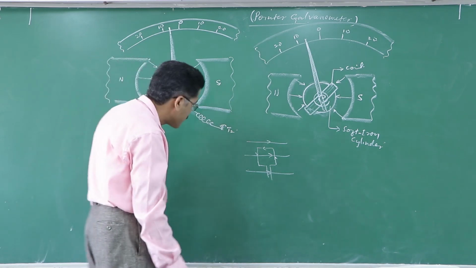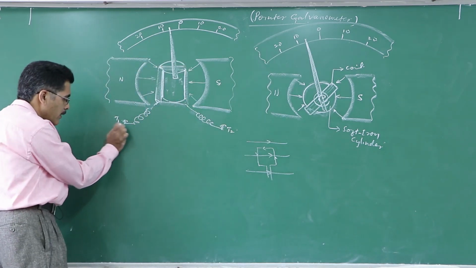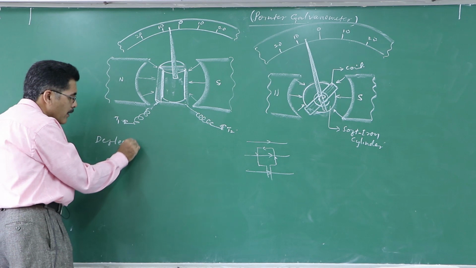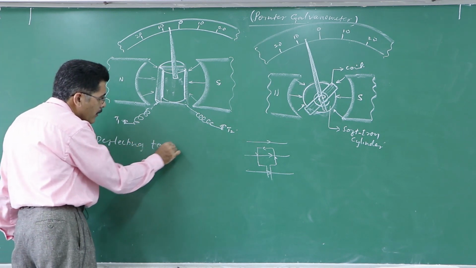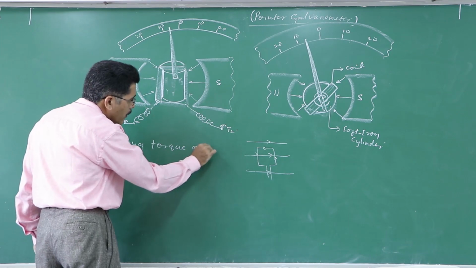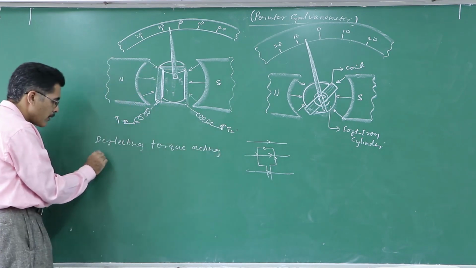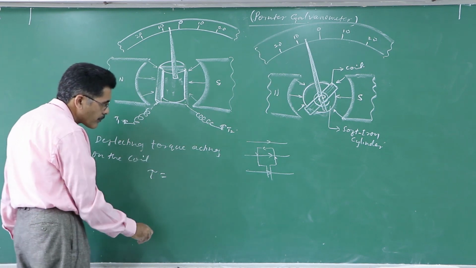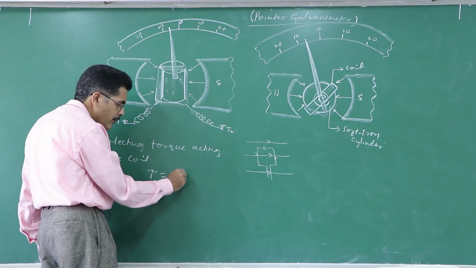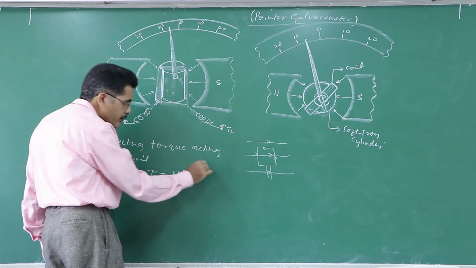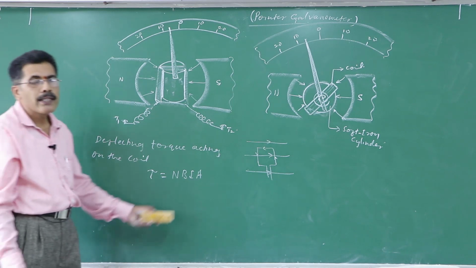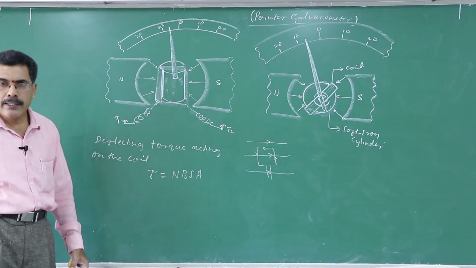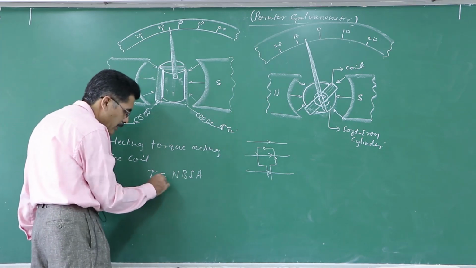The deflecting torque acting on the coil is given by tau equals N B I A, where N is the total number of turns. I take this as the maximum torque acting on the current carrying coil. This is the deflecting torque.